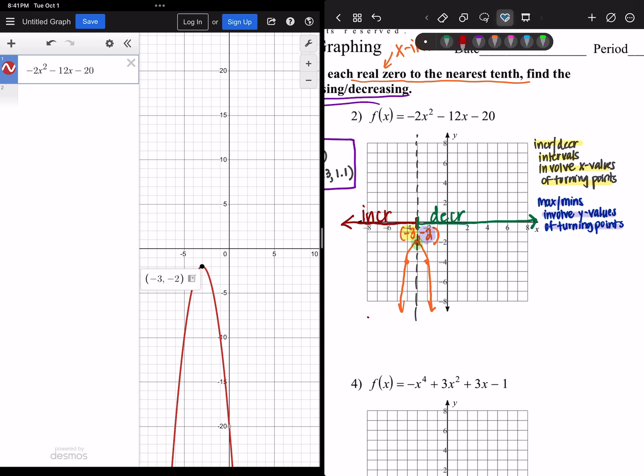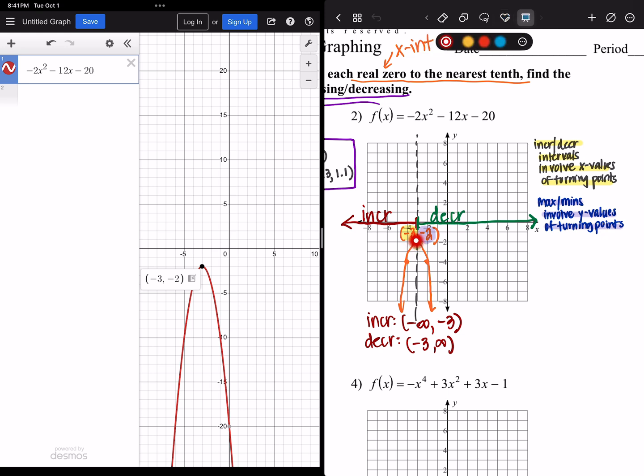So my increasing interval goes from negative infinity to negative 3, and the decreasing interval goes from negative 3 to infinity. Note that we only use this x value. Now we're going to find our max and mins.